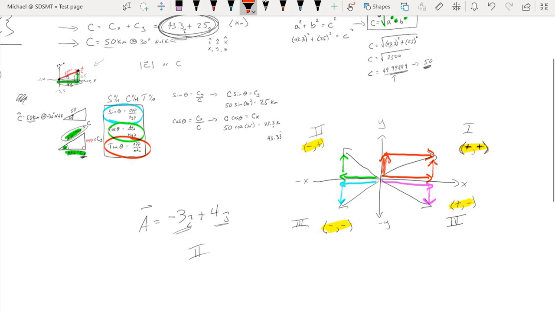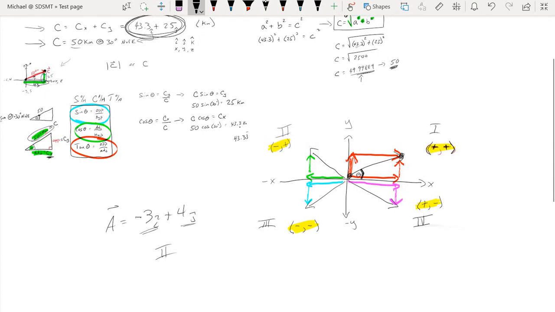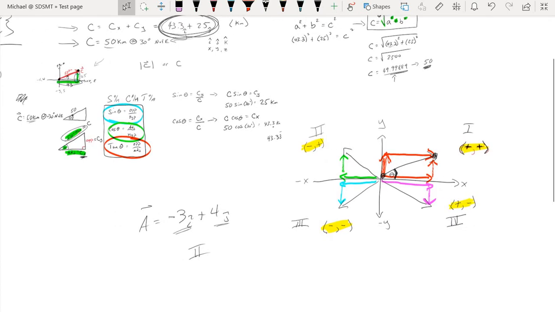And the answer is yeah, that is perfectly okay, because you are still going to get from the same start point to the same end point, and you still end up measuring the same angle from your x-axis.